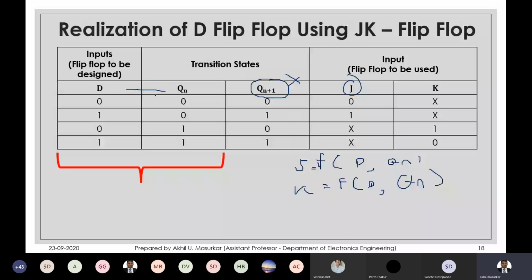Next question is, how many variable K-map will you use? Four-cell K-map. That is right. For both, we will go for a 4-cell K-map.